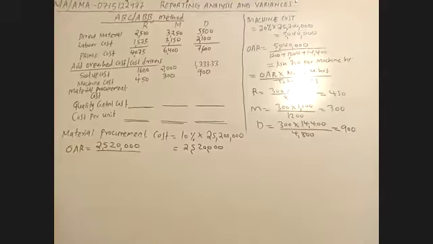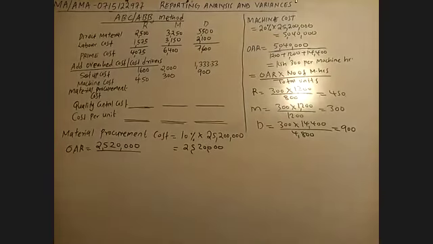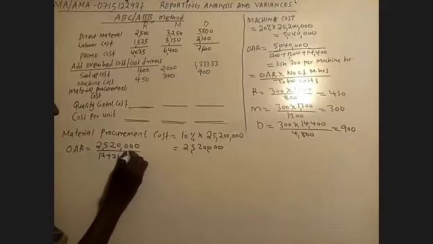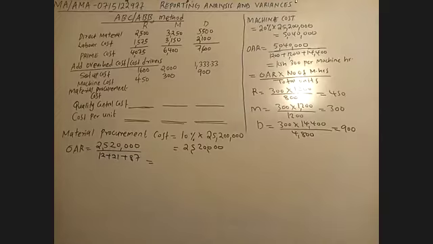Now what's our cost driver from the question? Our cost driver, they say, is the number of orders. So we add them together, number of orders. We have 12, 21, and 87. 12 plus 21 plus 87. So what would be our OAR?